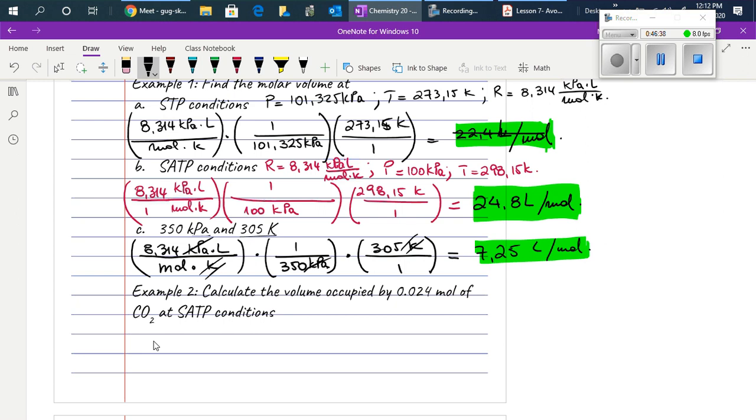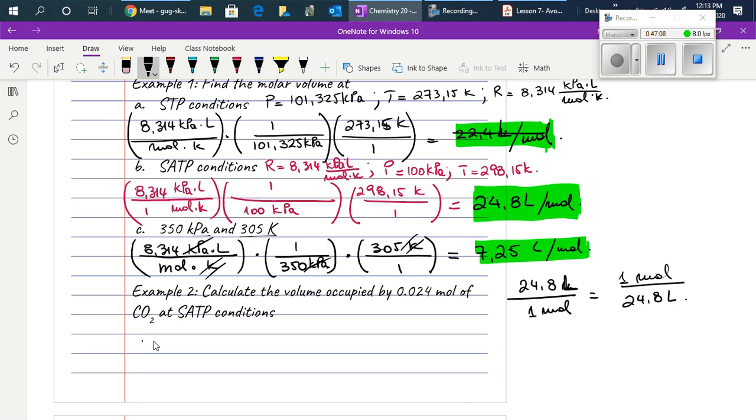At SATP conditions, 24.8 liters is the volume occupied by 1 mole, so 1 mole will be 24.8 liters of any gas. Doesn't matter which gas you are talking about. So now what do we have?